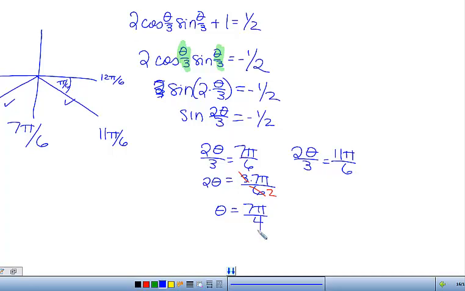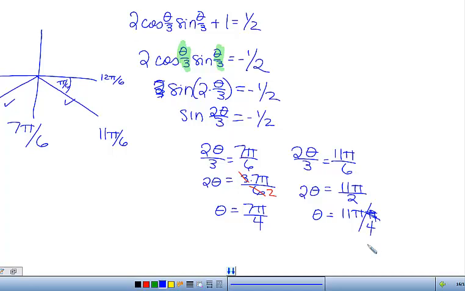Over here, we've got the same thing. 2 theta over 3 equals 11 pi over 6. So that's 2 theta equals 11 pi over 2 when we cancel things out. If I divide by 2, I get theta equals 11 pi over 4.